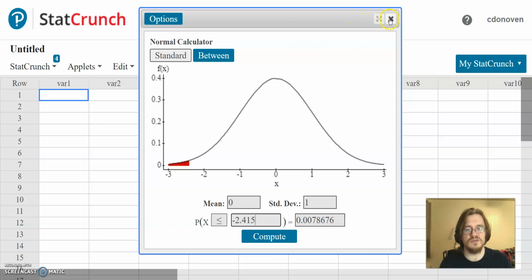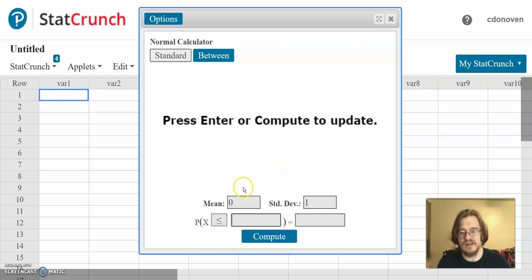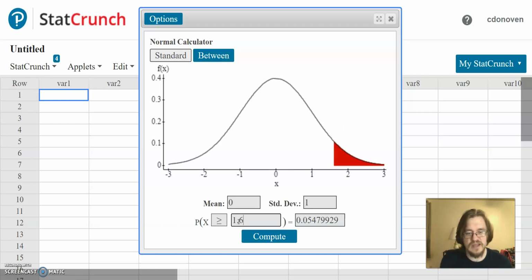So we come to StatCrunch, we open up our normal calculator, and now we want to find the area that's greater than 1.6. So we get 0.0548.